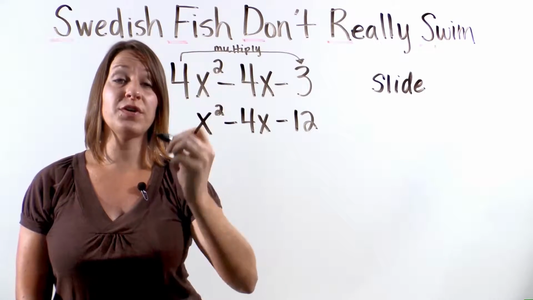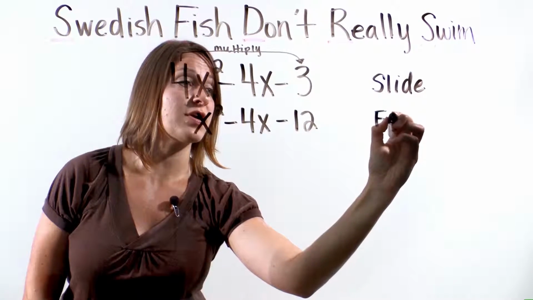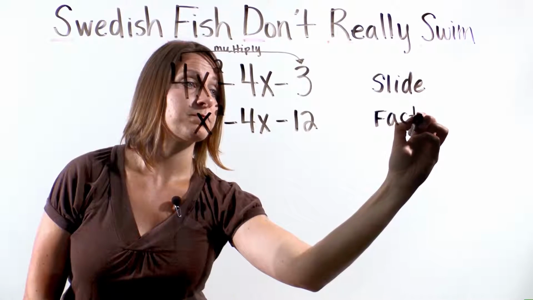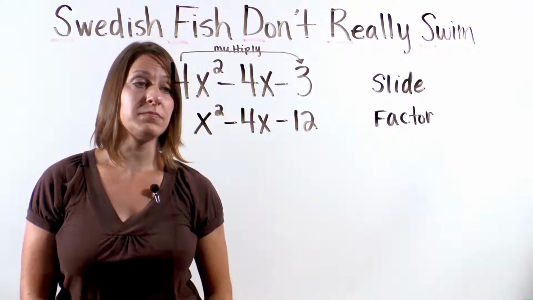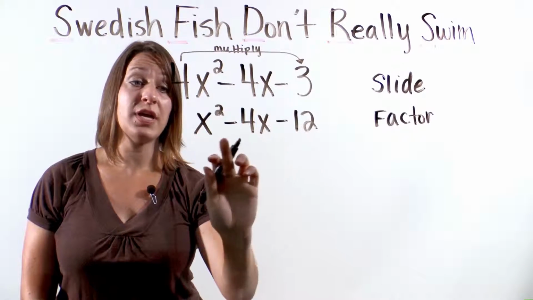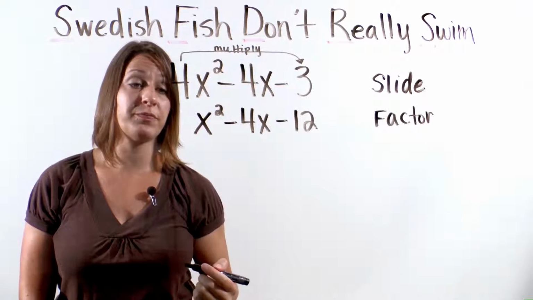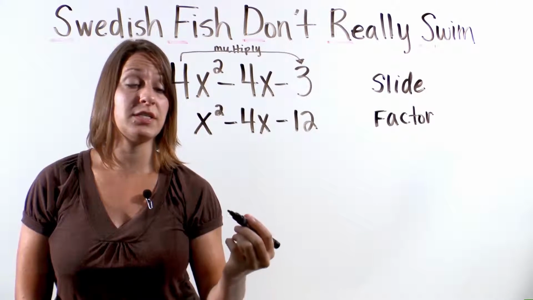Next, the word fish. The F is going to stand for factor. Now we're going to factor this trinomial, x squared minus 4x minus 12. We're going to use our same factoring skills from before.